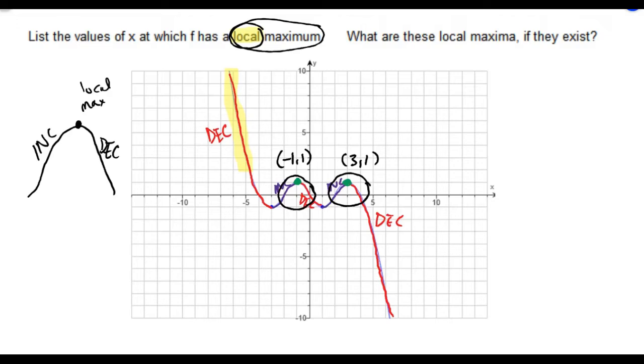So our function has local maximum at x equals -1 and 3, and the local maximum refers to the actual largest y value in that localized area, and that is 1 for both ordered pairs. So we have two local maxima at x equals -1 and 3, and the local maximum value is 1.